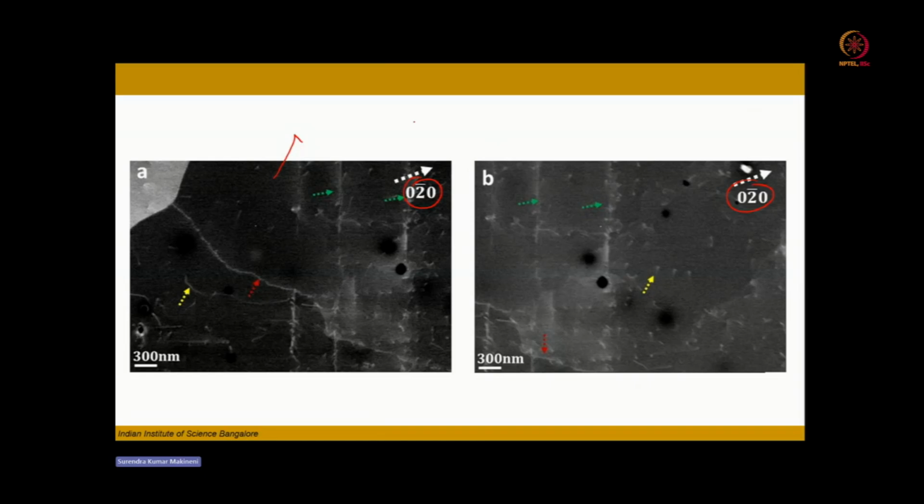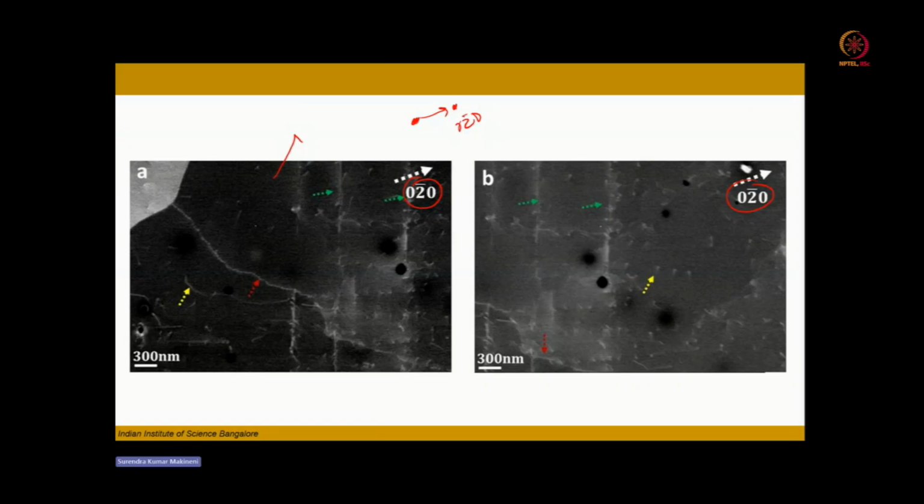So it means that there is only a transmitted spot and only a 02̅0 diffracted spot, which is in this direction. Now it means that you are only allowing the 02̅0 diffracted beam through the lattice, correct? It means you are channeling that 02̅0 diffracted beam only, and you are actually avoiding all other beams. So this is in the two beam condition. That's why you can see that the surrounding, the whole grain, is almost dark.